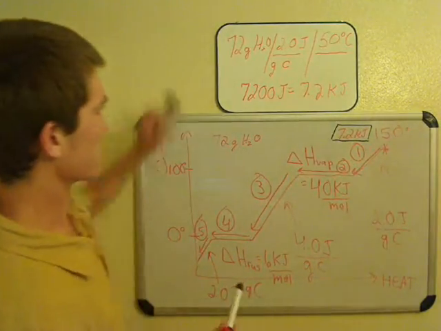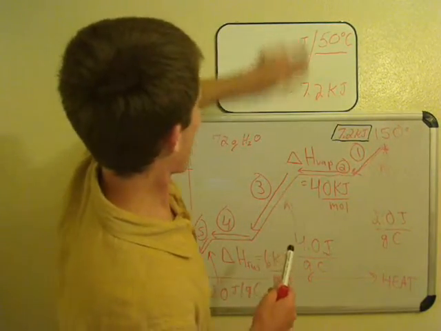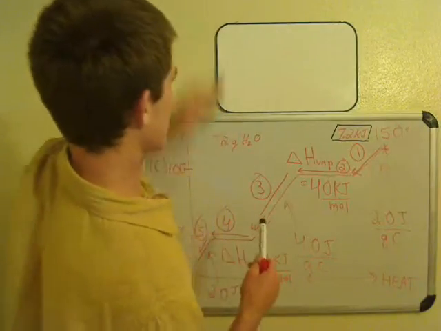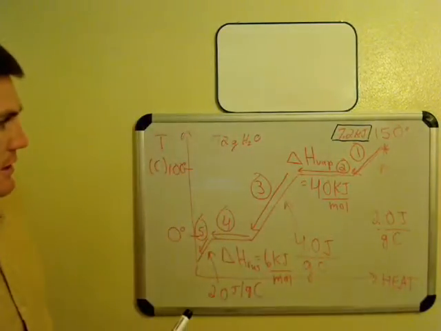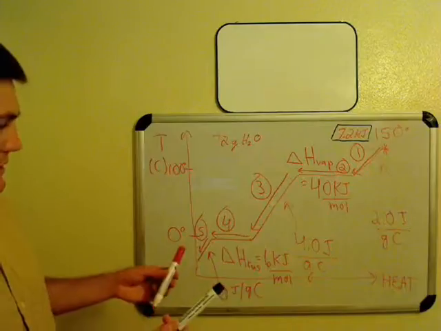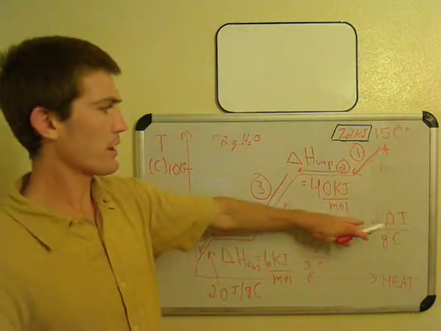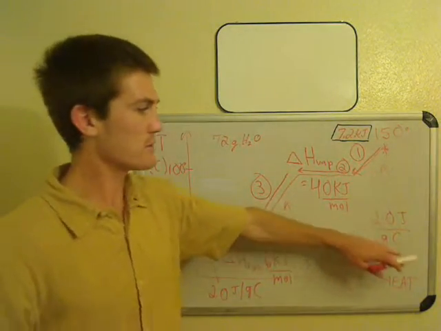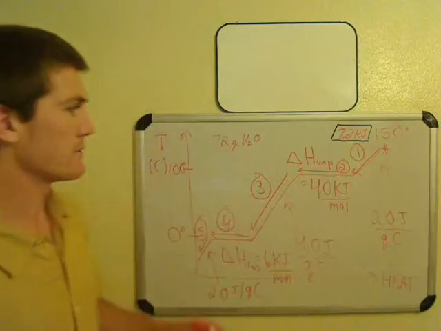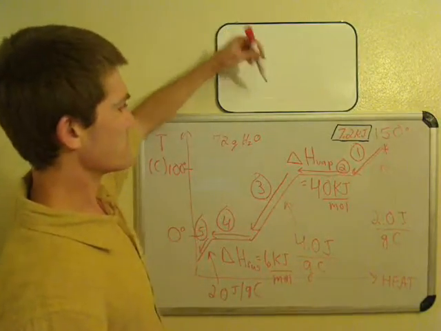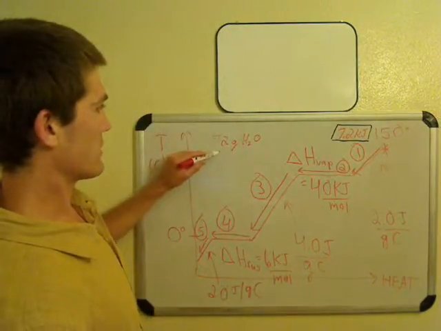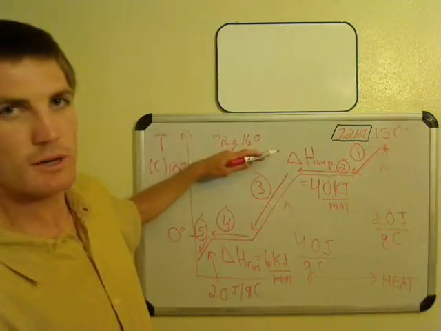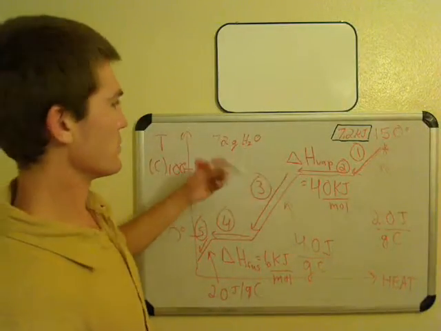So now let me erase this top board, and we do our second step. Here we have kilojoules per mole, so different units than heat capacity. We need to get our 72 grams of water into moles.